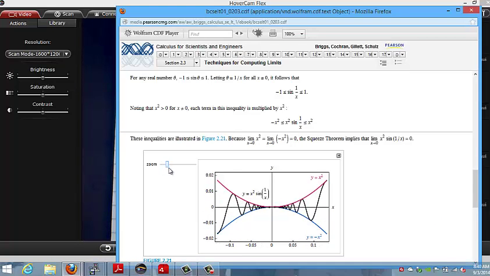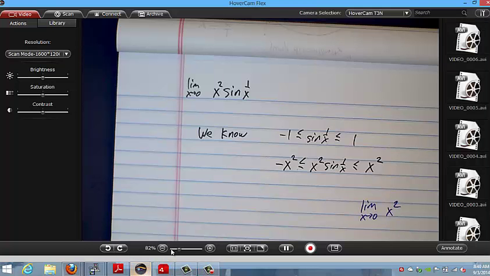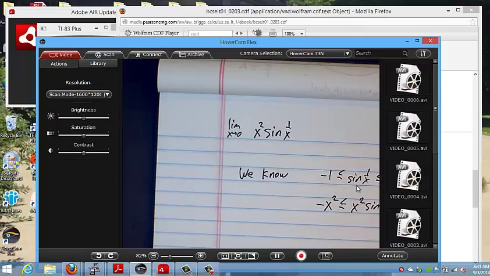You can zoom in. As x gets really close to 0, like 0.05, the red parabola is getting really close to 0. Right? Let me make this a little smaller so we can keep looking at that.